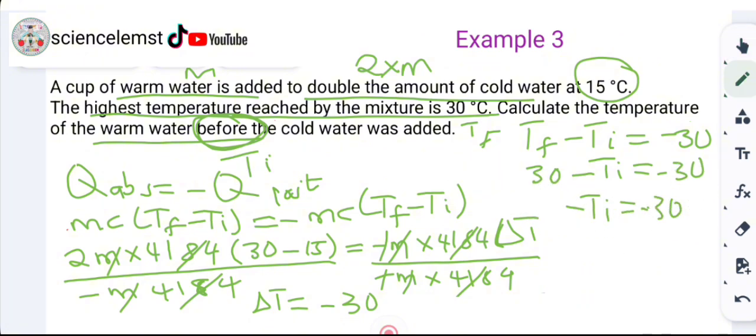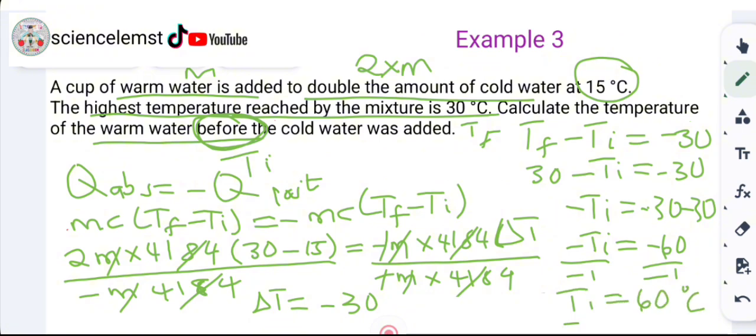So it's minus 30. So it's negative Ti is equal to negative 60. So we don't want negative Ti, we want Ti. So what are we going to do? I'm going to divide both sides by negative 1. Then I'm going to get Ti is equal to 60 degrees Celsius.